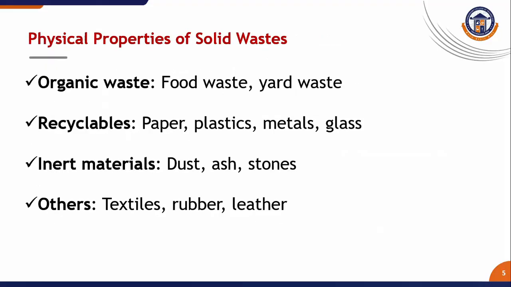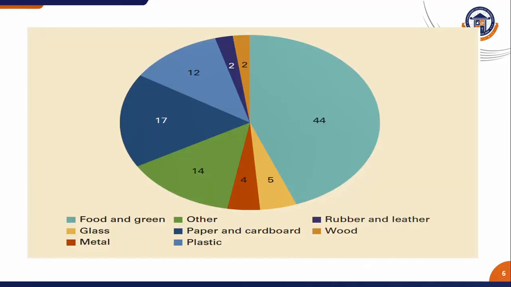Physical properties of solid waste: organic waste, food waste, yard waste, and recyclable waste, paper waste, plastic waste, metals, glass, and inert materials, dust, ash, stones, and others, textiles, rubber or leather. Here, the wastes are expressed in different color coding.